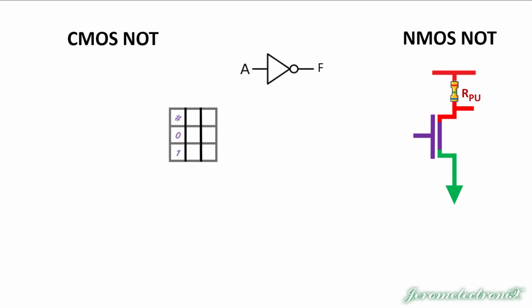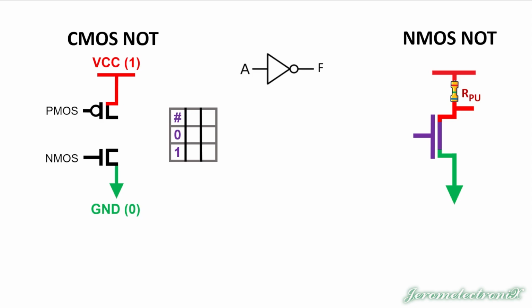And so we're going to use a truth table, and we're going to build a NOT gate. So we're going to use an NMOS, and we're also going to be using a PMOS. Okay, that means it's complementary because it's using both kinds. Next, we're putting a VCC power supply on one end of it, and a ground at 0 voltage on the other end of it.